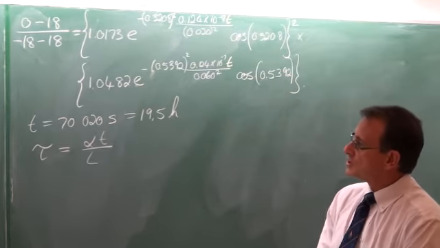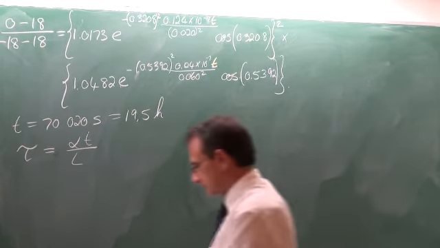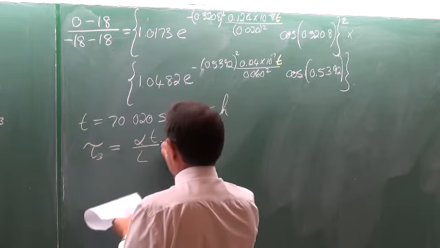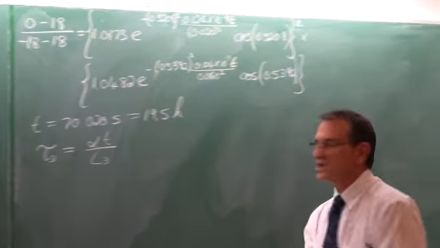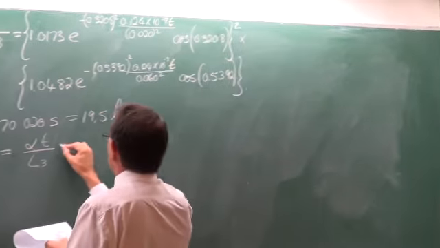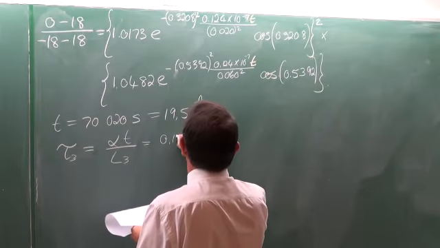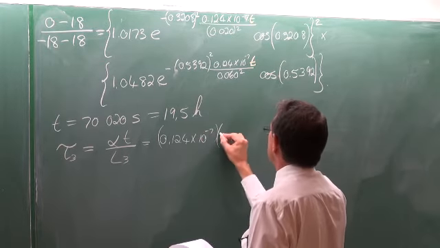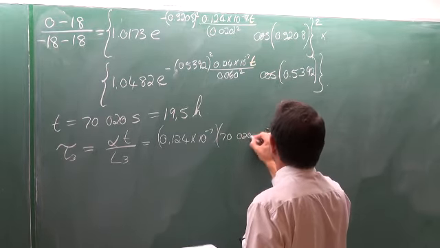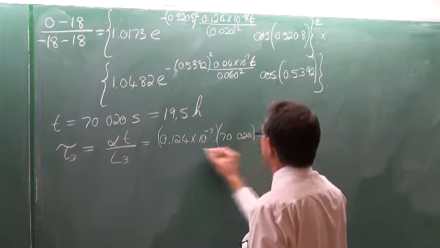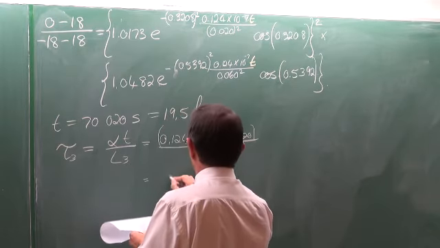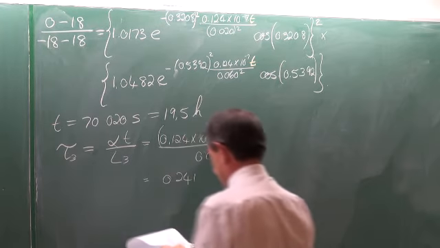Which one is going to be the smallest? Well, let's use the 60 millimeters one. Alpha is equal to 0.124 multiplied by 10 to the minus 7. The time is 70,020 seconds divided by L3 squared, which is equal to 60 millimeters, and that is equal to 0.241.